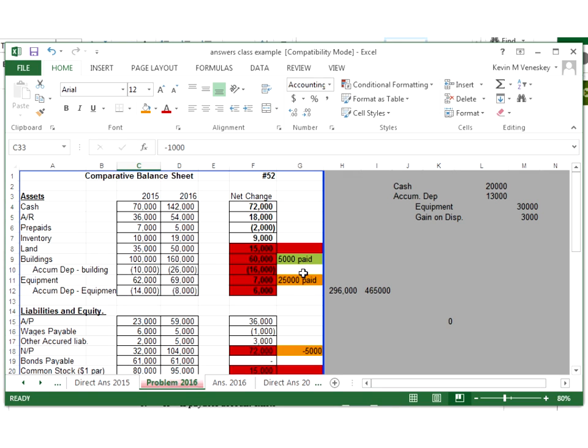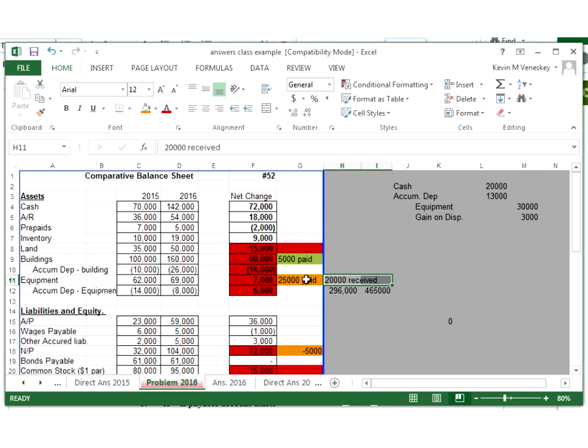So the last thing here is I've now explained the equipment. I had $25,000 paid, and I had cash coming in of $20,000. So I have $20,000 cash received. Notice I didn't net these two. I don't want to net them.